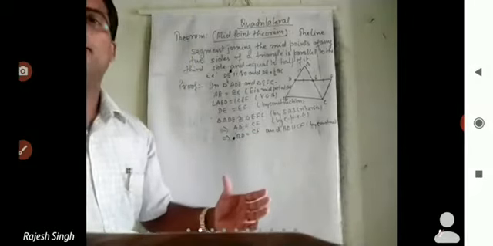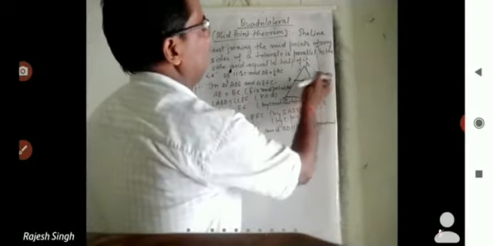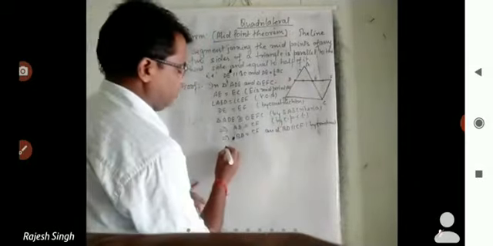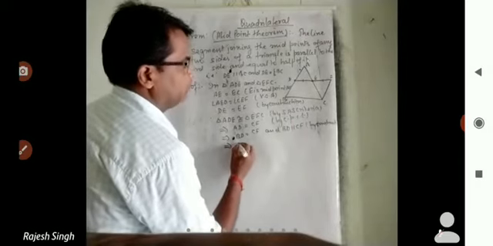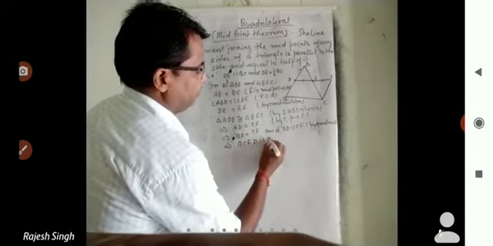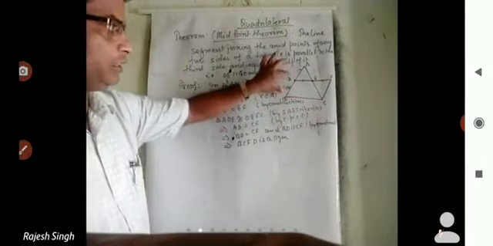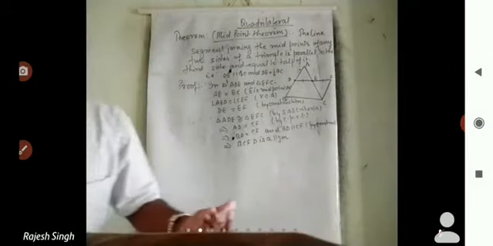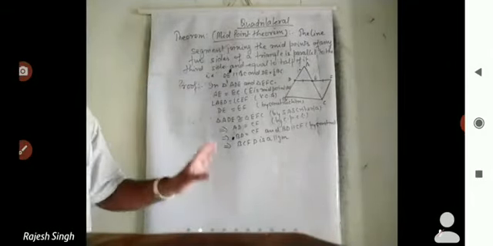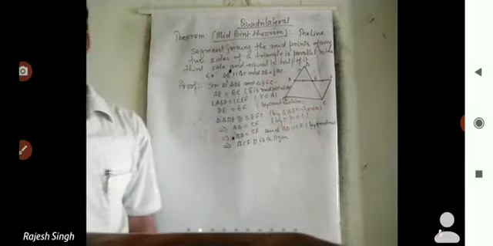Then by that criteria, we can say here BCFD is a parallelogram. Then in a parallelogram, if one pair of sides is equal and parallel, then the other pair is also equal and parallel. Means we can tell here DF is equal to BC.